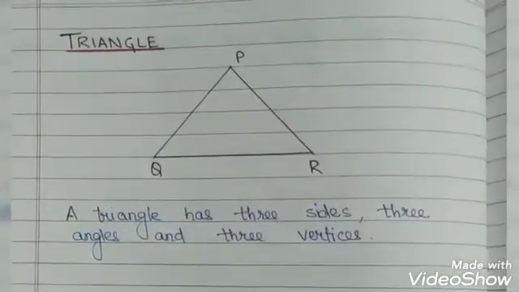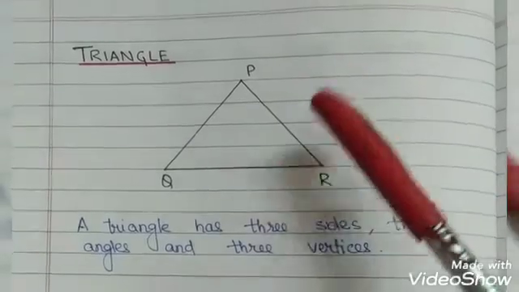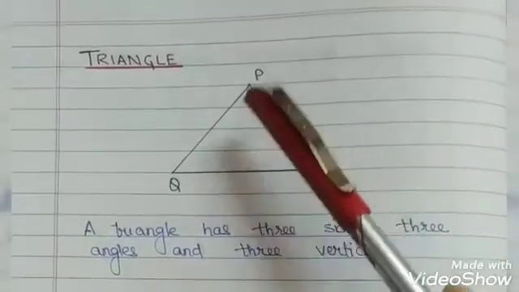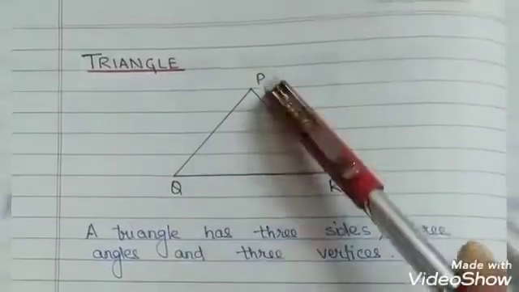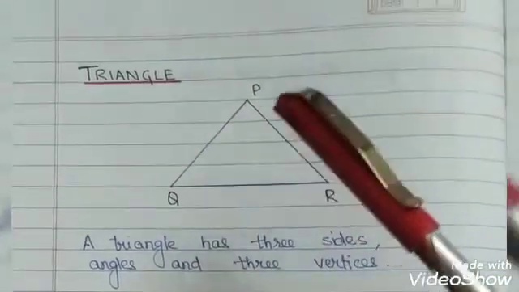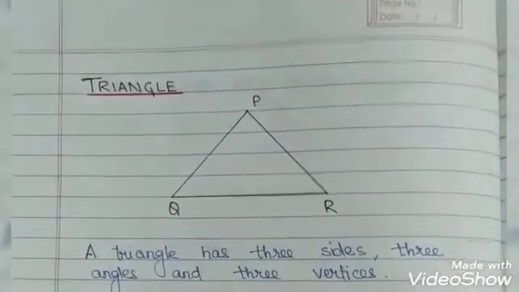Now let's learn about triangle. A polygon with three sides is a triangle. Here you can see in the figure, the triangle has three sides, PQ, QR and PR. A triangle has three sides, three angles and three vertices.